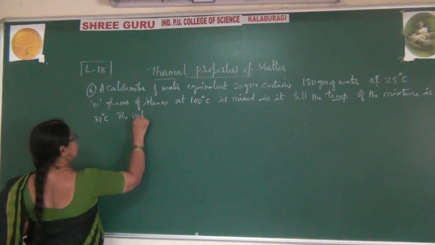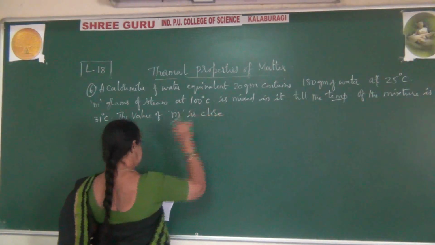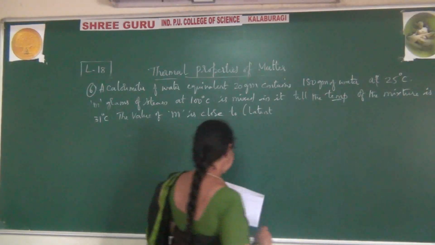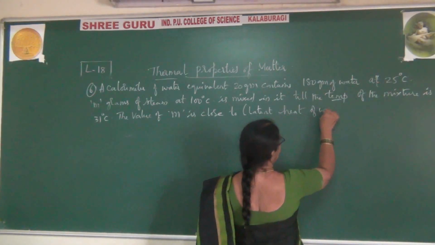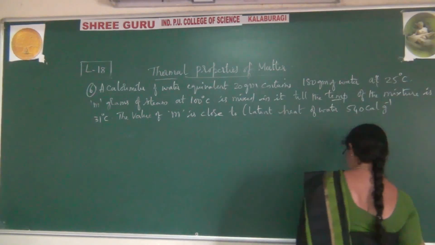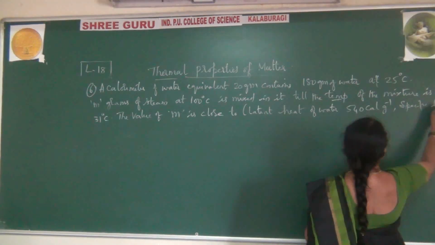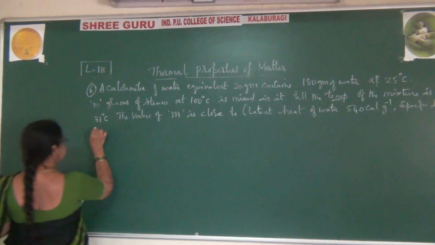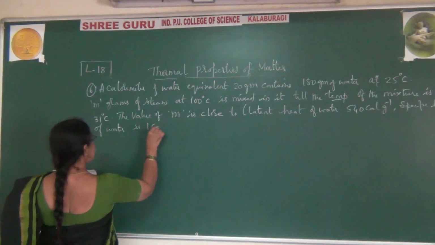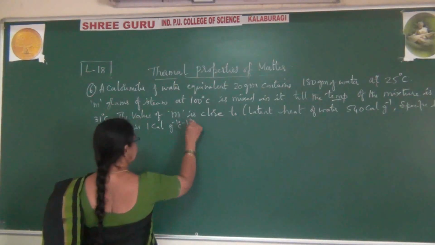The value of M is close to? In the question itself they have given the latent heat of water, 540 calorie per gram, and the specific heat of water, 1 calorie per gram per degree centigrade.